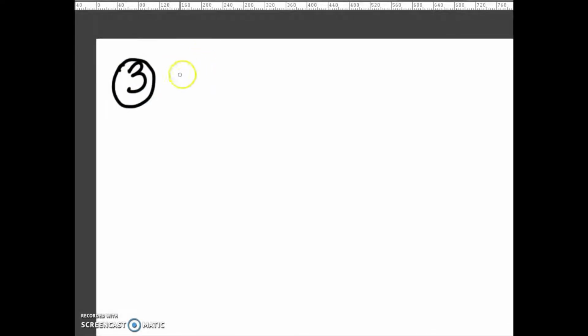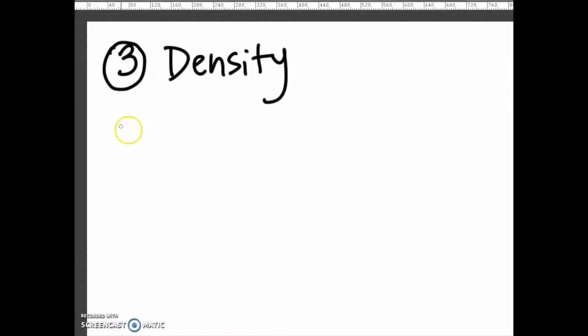The next one we're going to talk about is the third property of water, density. So density is just how much of something is in a given volume, a given amount of space.